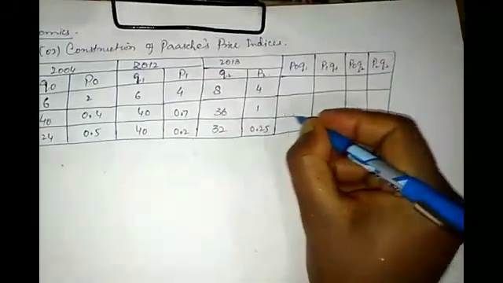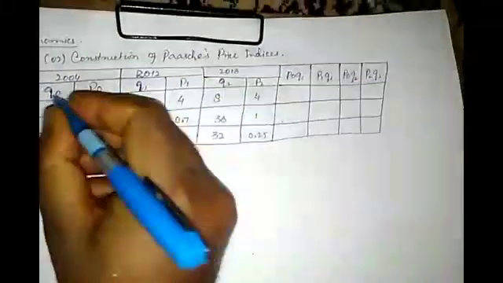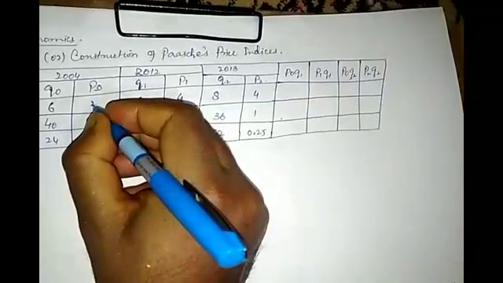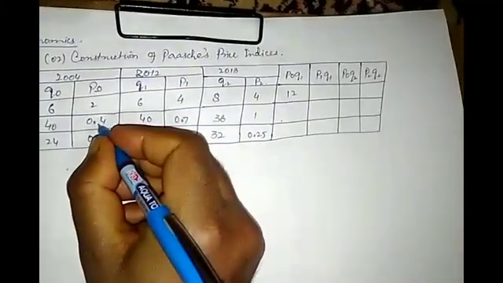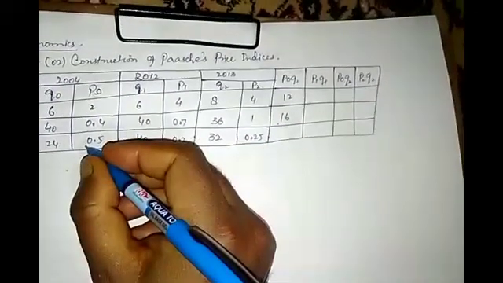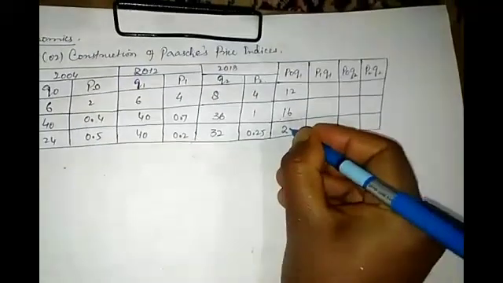Now we will proceed on P0Q1. 6 2s are 12. 40 into 0.4 is equal to 16. 40 into 0.5 is equal to 20.